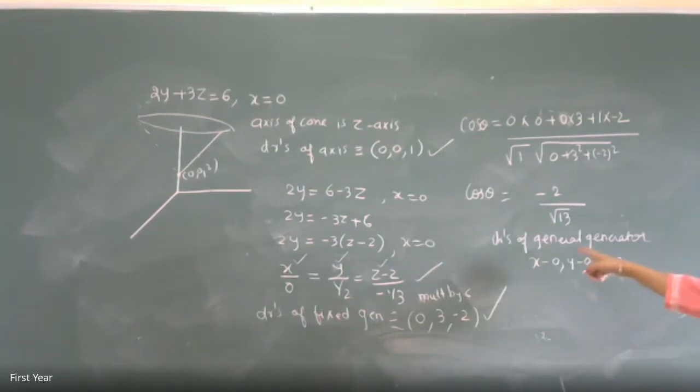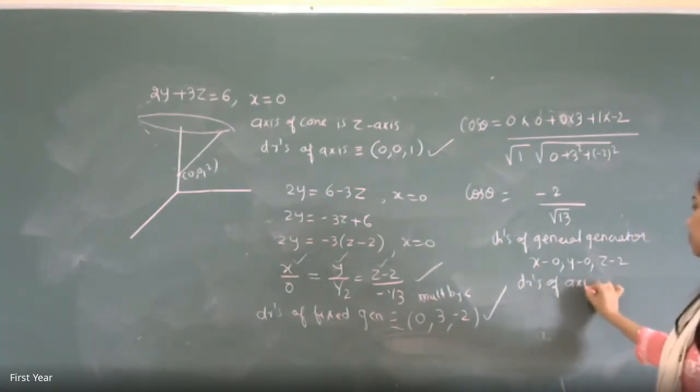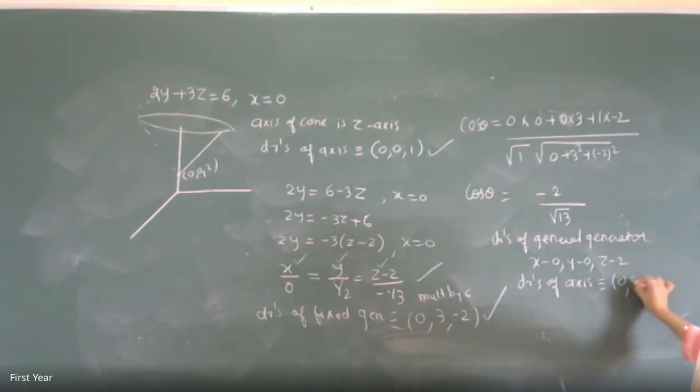And that's why the direction ratios of the general generator are x minus 0, y minus 0, z minus 2, and the direction ratios of the axis are 0, 0, 1 because the z-axis is your axis.